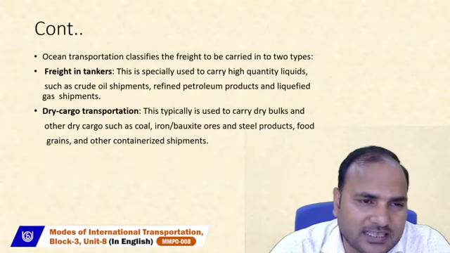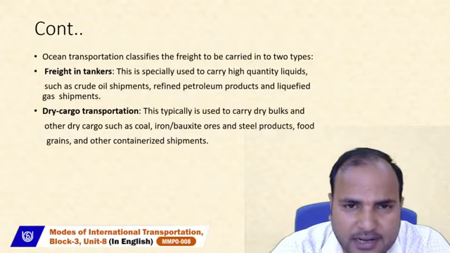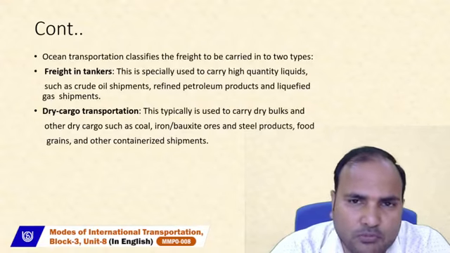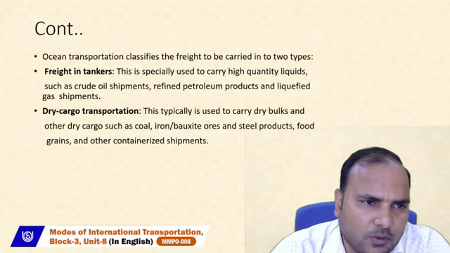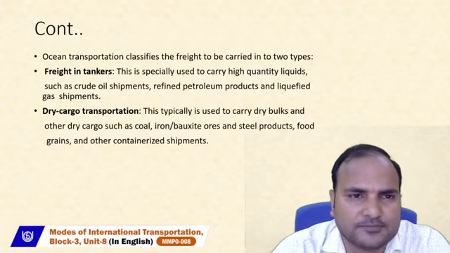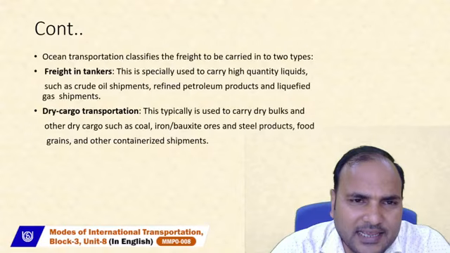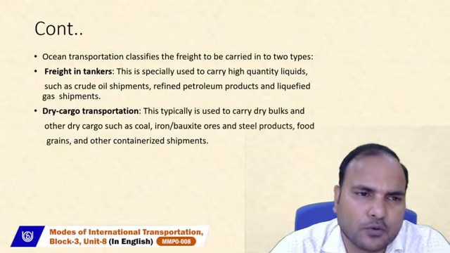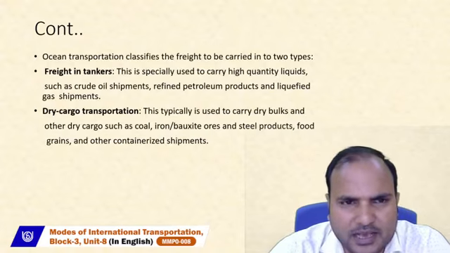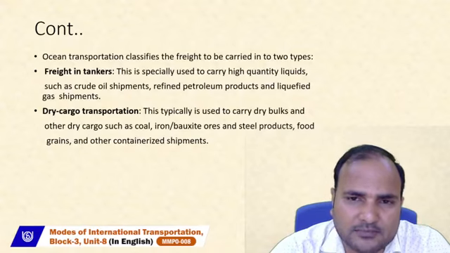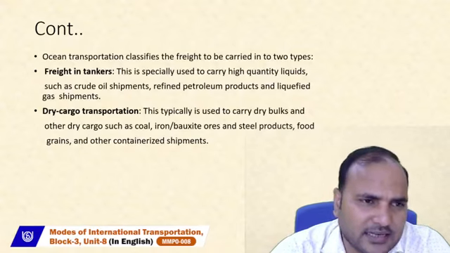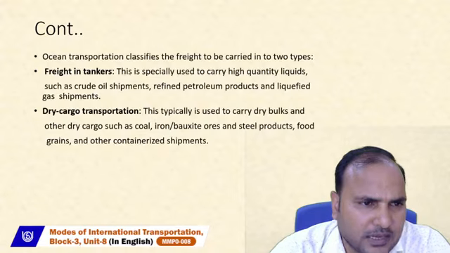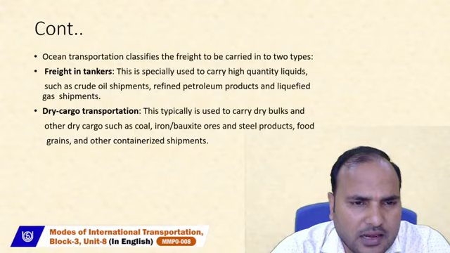Ocean transportation classifies the freight to be carried into two types. One is freight in tankers. Basically, it is used to carry high quantities of liquids such as crude oil shipments, refined petroleum products, liquefied gas, etc. And another type is dry cargo transportation.